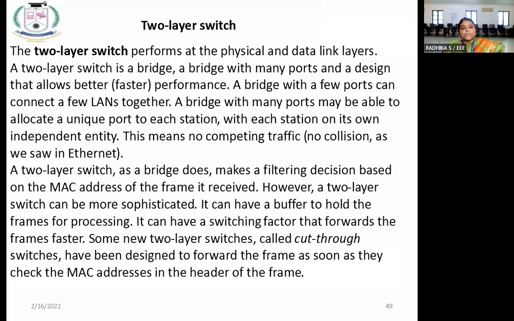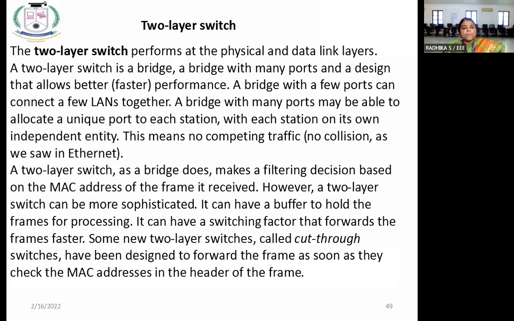This 2-layer switch, or a bridge with many ports, has the capability to allocate a unique port to each station, so that each station can act independently, and the traffic can be reduced. Like your bridge, this 2-layer switch also has filtering capability.